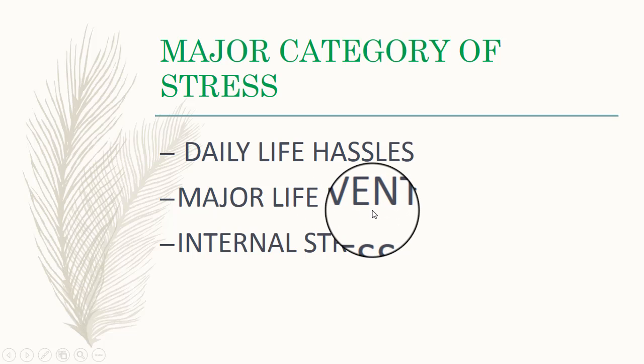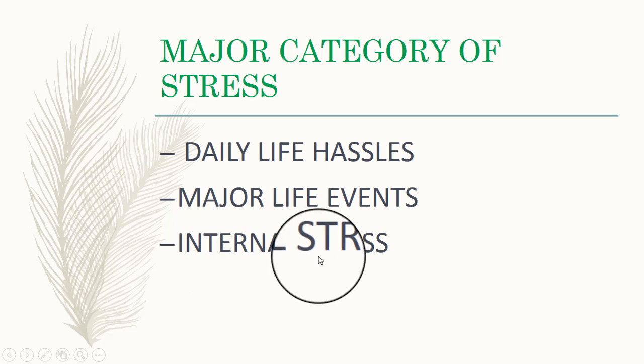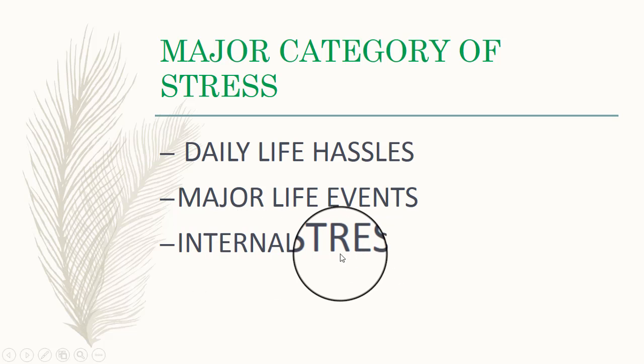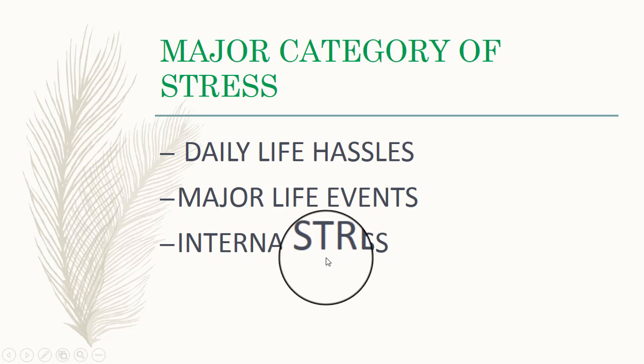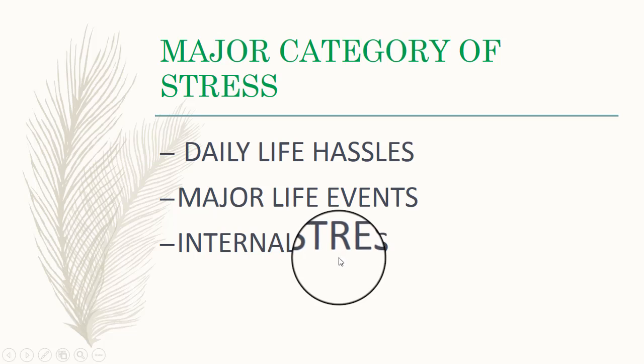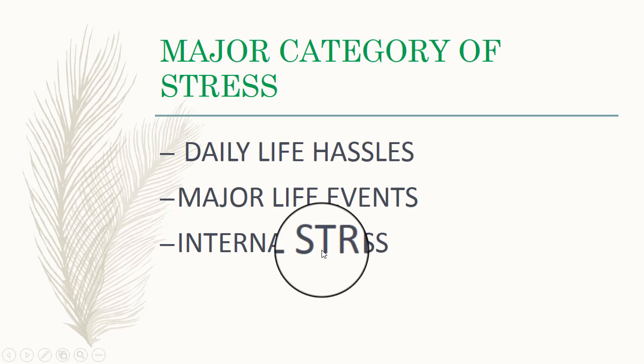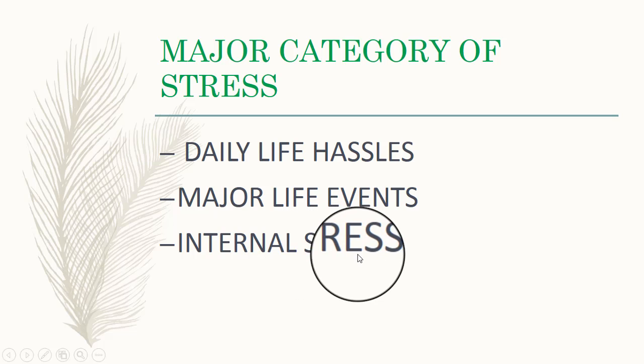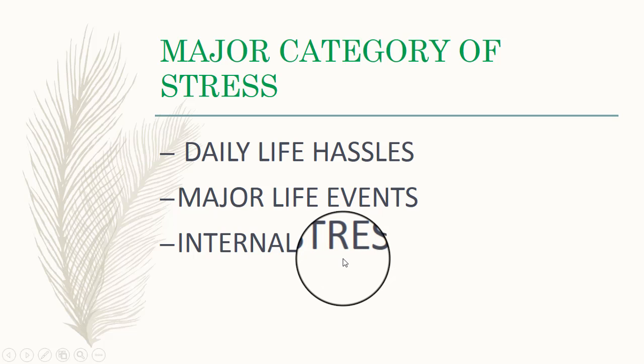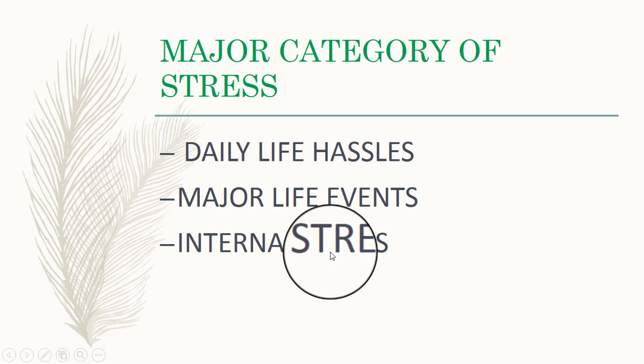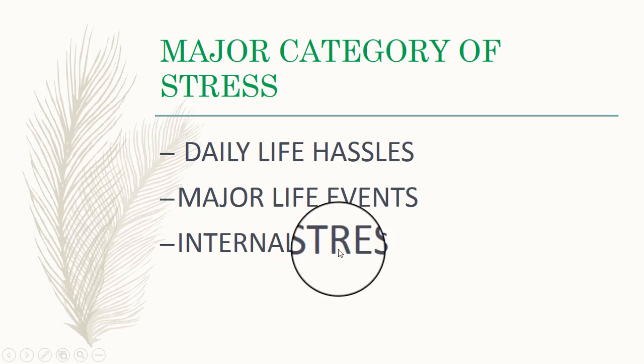Now next, the major category of stress, that is internal stress. I would like to describe this in subtitles. The first subtitle is lifestyle choices, like caffeine, lack of sleep, overloaded schedule.